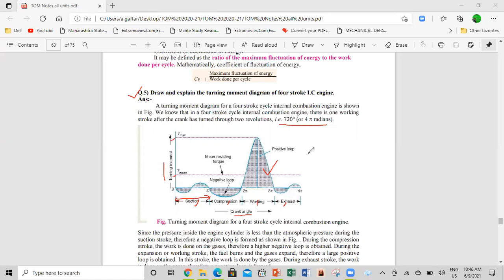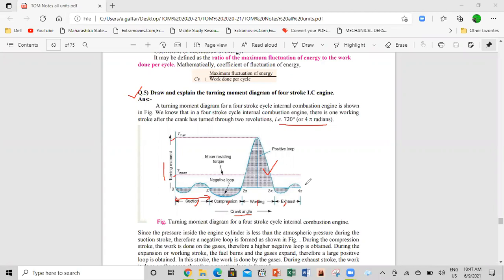And in this stroke, extra power is generated, and the extra power generated by this stroke is stored in the flywheel. The flywheel supplies this extra energy to the remaining three strokes: suction, compression, and exhaust. So this is the main function of the flywheel: to store the extra energy generated in the power stroke and supply it whenever required.